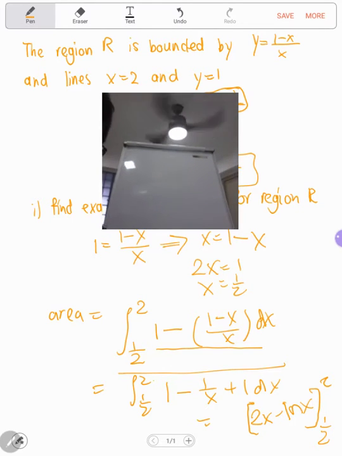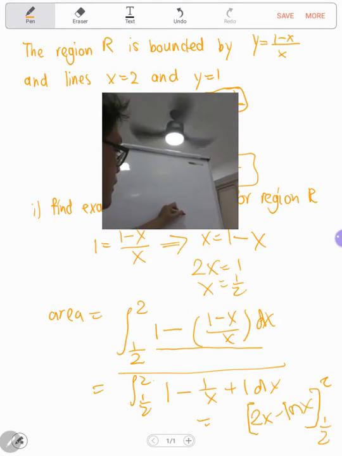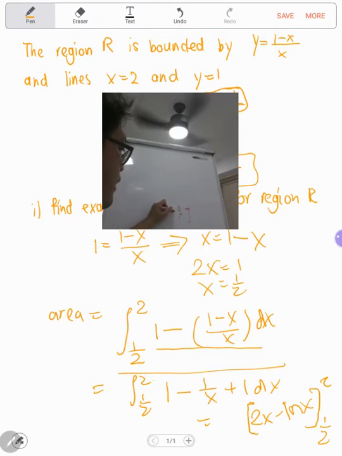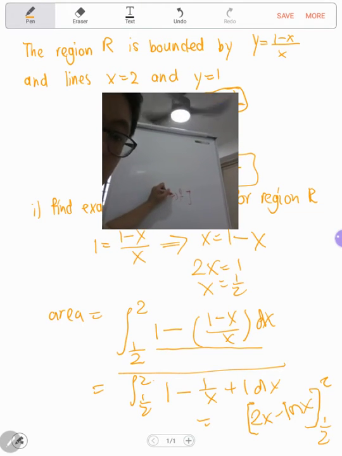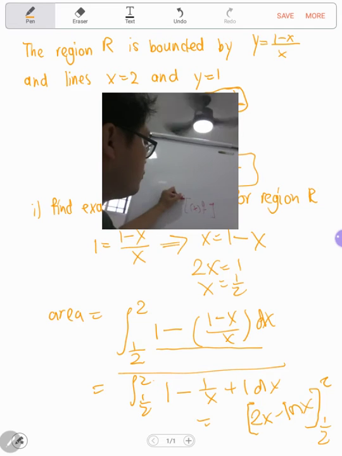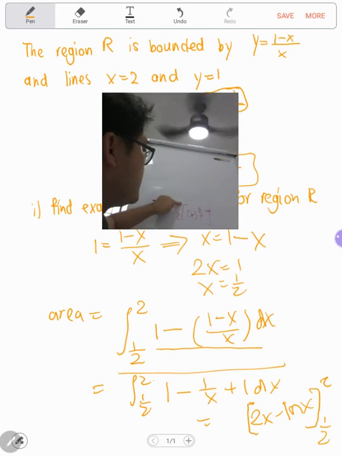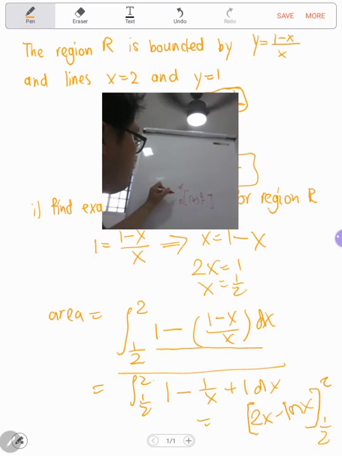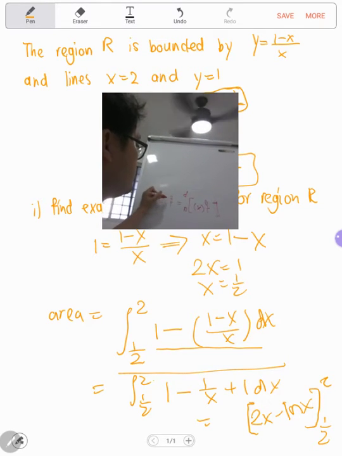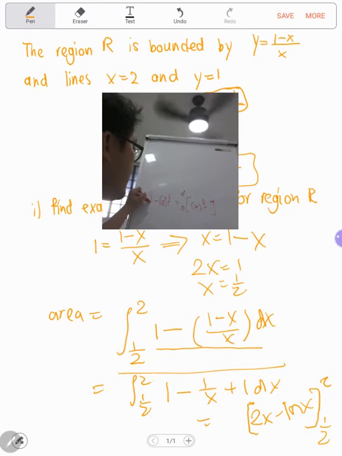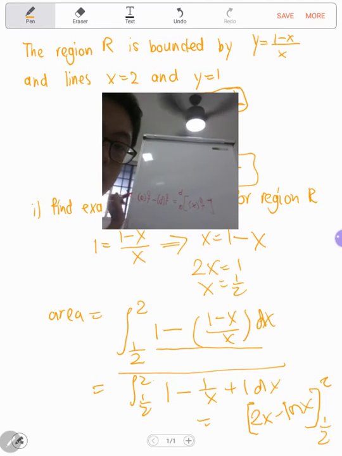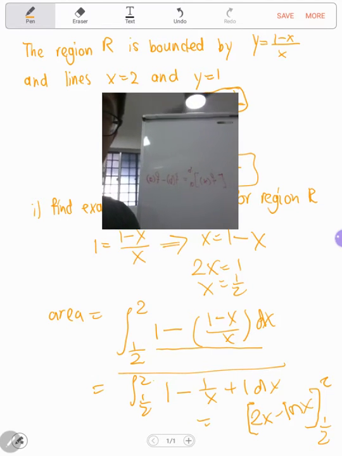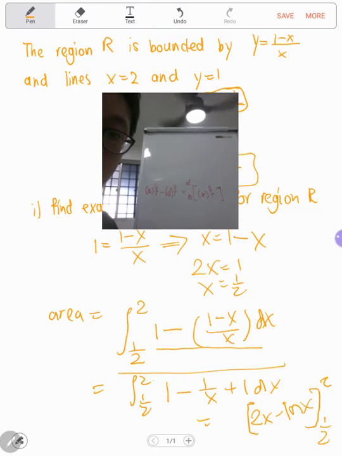To integrate a function of x from a to b, what we do is equivalent to F(b) minus F(a). So we are going to apply this idea over here.